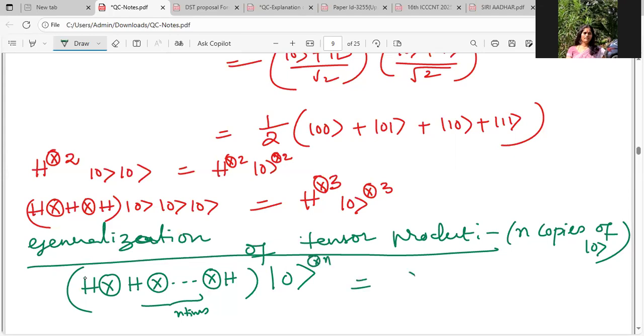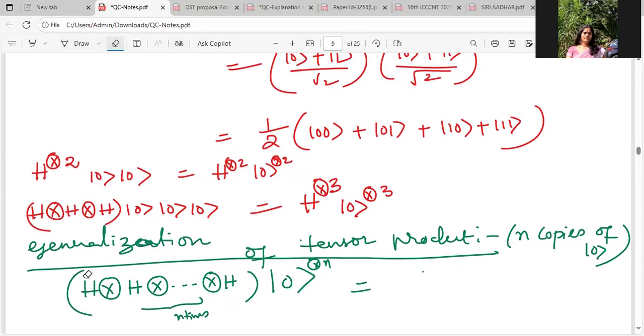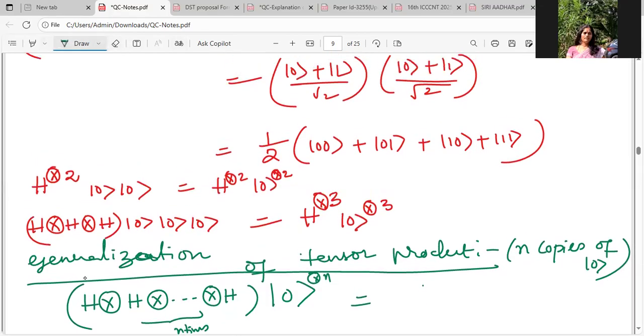Then this can be written as H tensor product n, applied to ket 0 tensor product n. This is how I will write, guys.